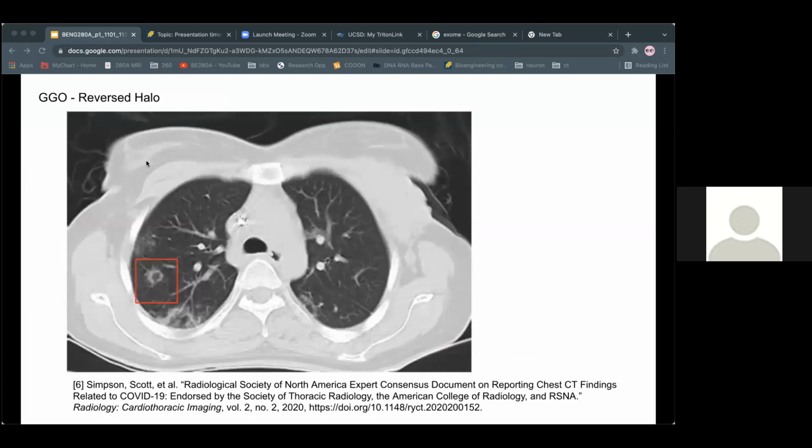The central area corresponds to alveolar septal inflammation and cellular debris in alveolar spaces, while the ring-shaped peripheral air space consolidation corresponds to granulomatous tissue within the distal air spaces.